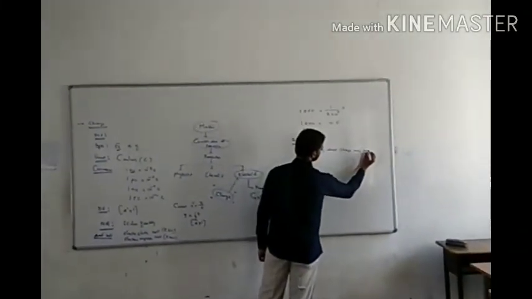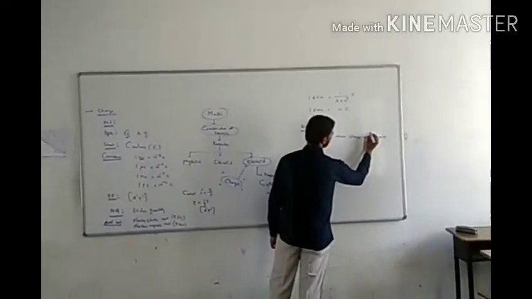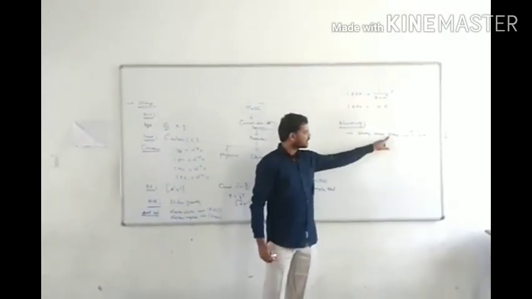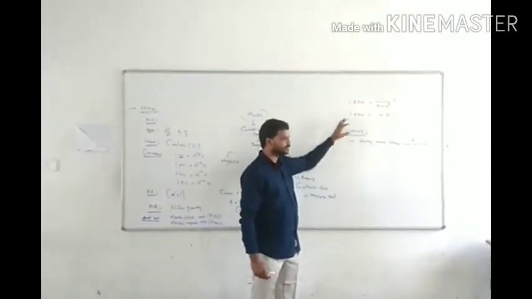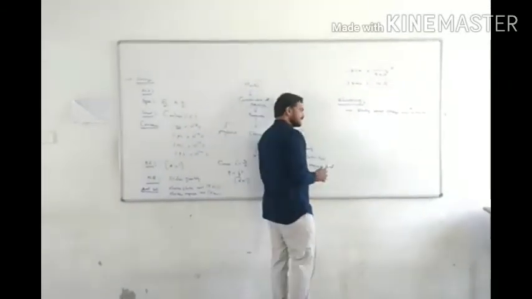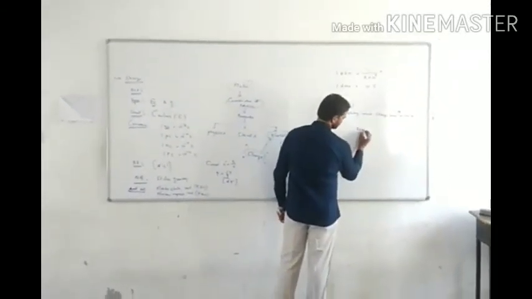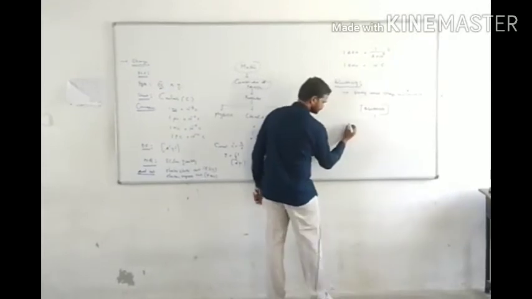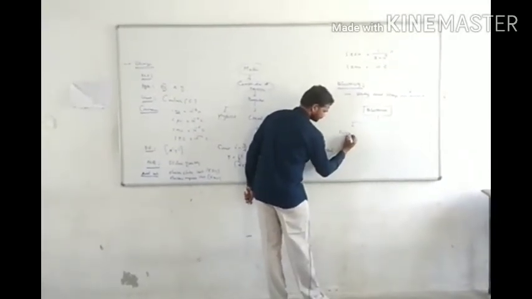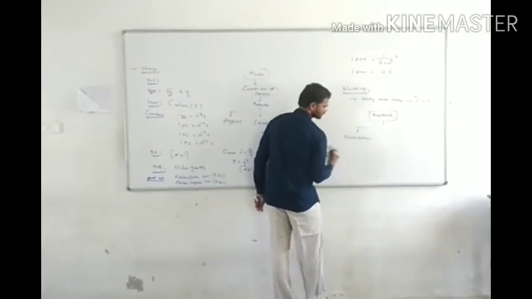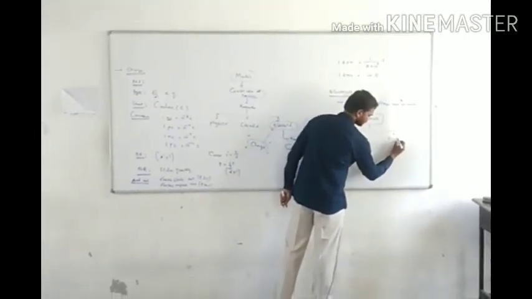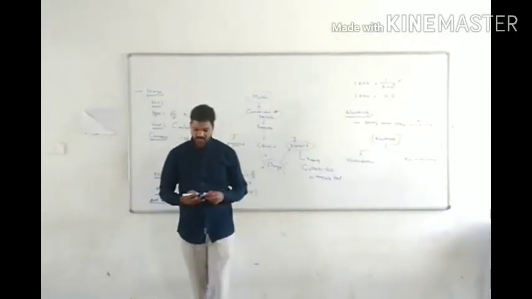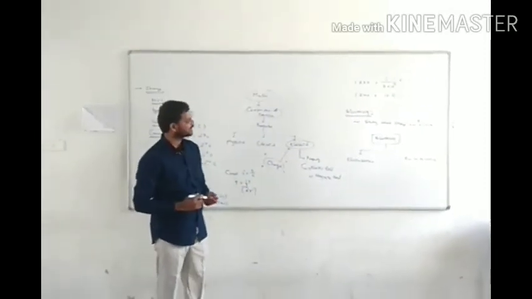So the branch of physics which studies the charge and its properties is called electricity, and electricity is mainly classified into two types. One is electrostatics and the second one is electrodynamics. The first one is electrostatics and the other one is electrodynamics.